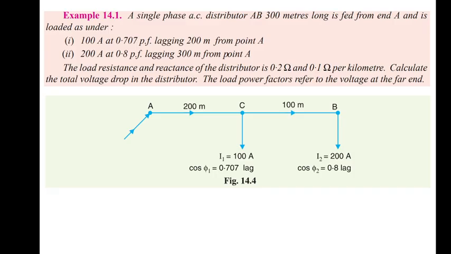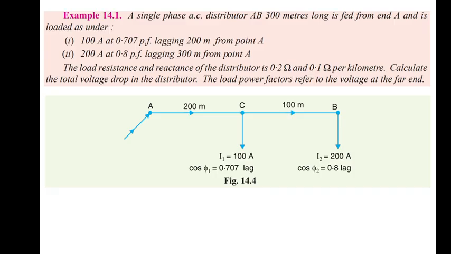The first load is connected at point C, 200 meters from the source, drawing 100 ampere at a lagging power factor of 0.707. The second load is located at the far end, point B, 300 meters from the source, and it is consuming 200 ampere at a lagging power factor of 0.8.